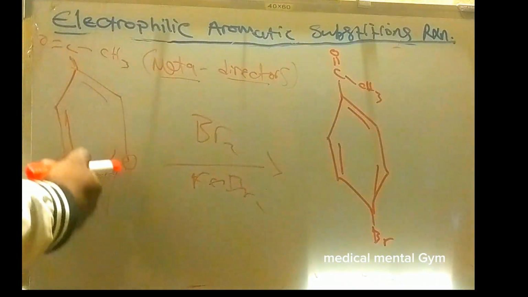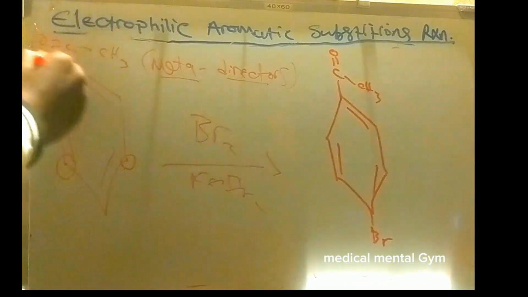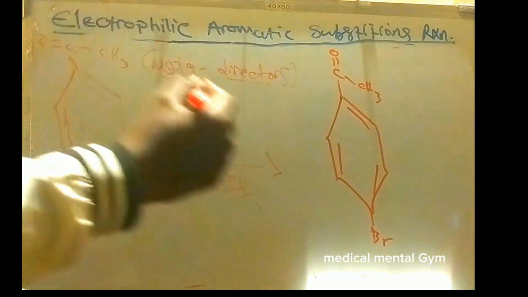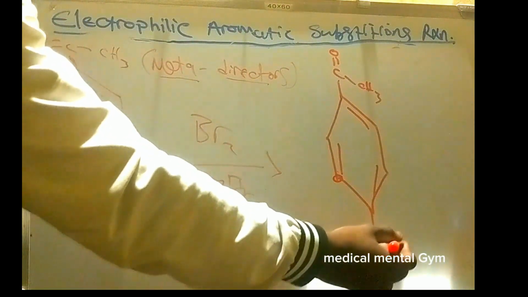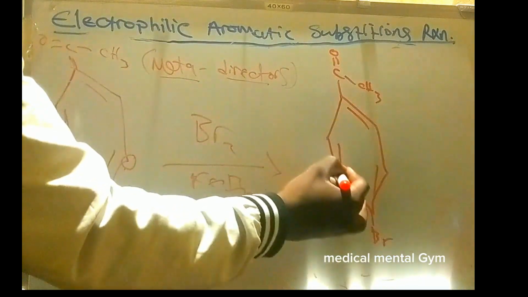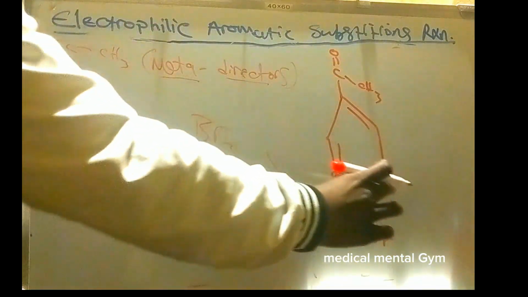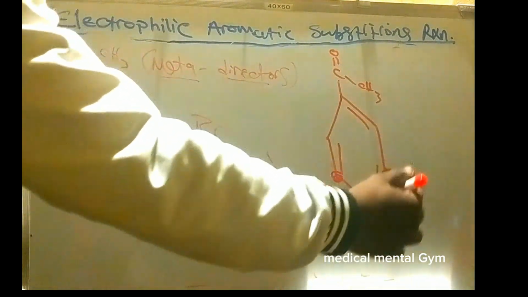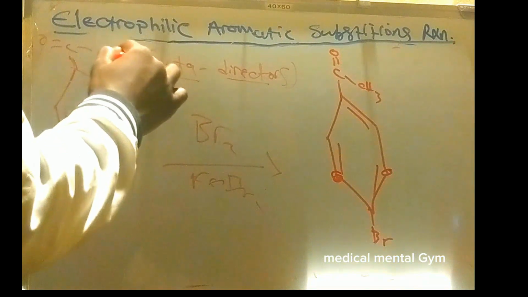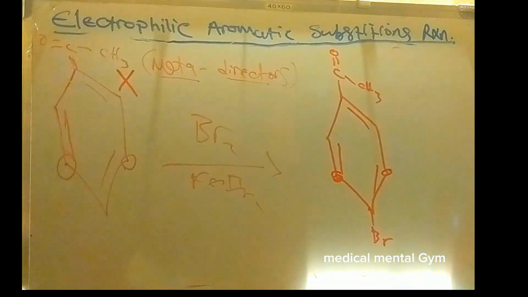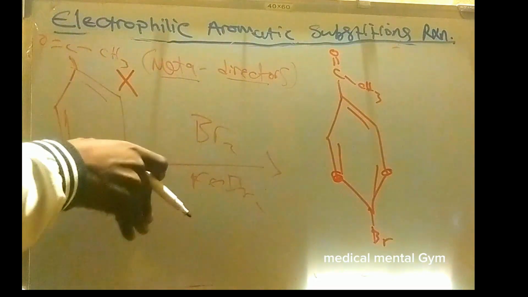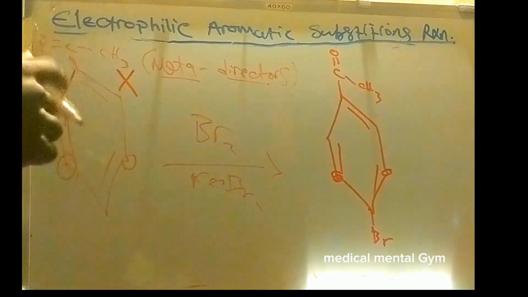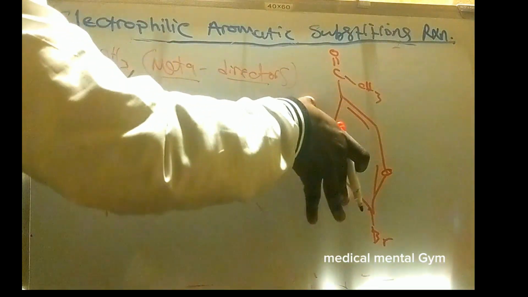Based on the meta-directing effect of this acyl group, we've deduced that the only possible positions for this bromine to be attached are the meta positions, and this does not coincide with the drug we have. The drug we have has an attachment on the para position, so that cancels out this acyl group. So in analysis, we've deduced that the first molecule we use will be the bromine. We'll halogenate the ring first because the bromine is ortho-para directing and is coinciding with our drug.